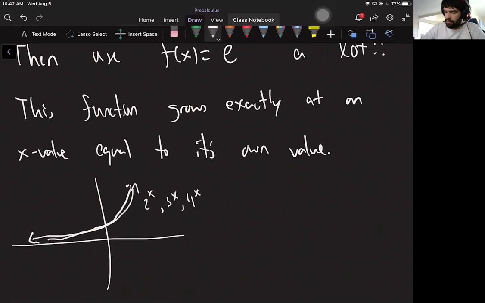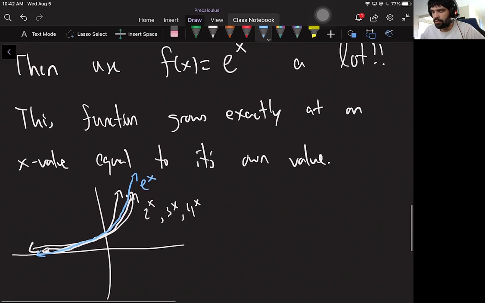And they vary in how fast they grow just ever so slightly. So they look maybe like that. But then E is in here somewhere perfectly. And how fast it grows is exactly its value at any point, which is a super weird property.